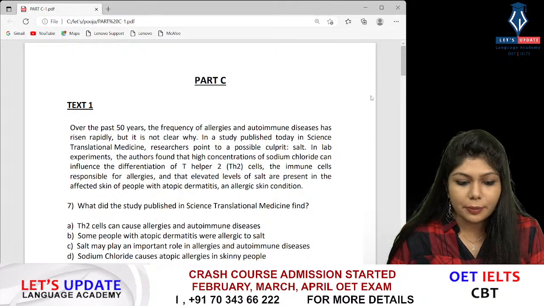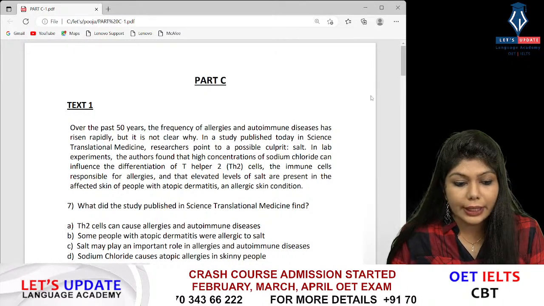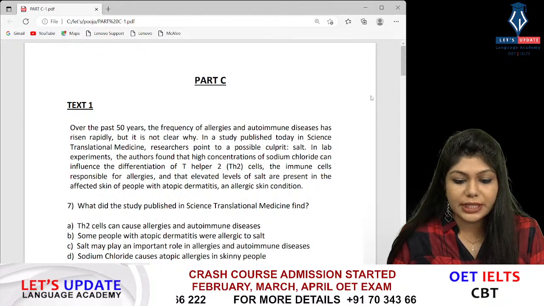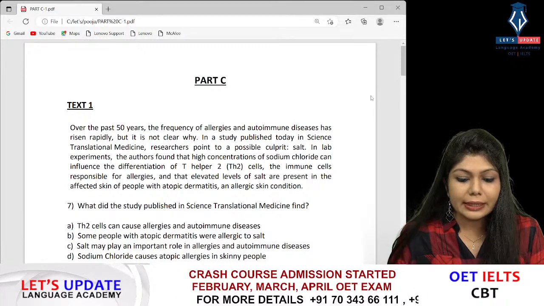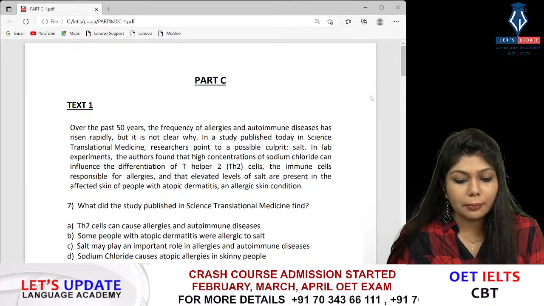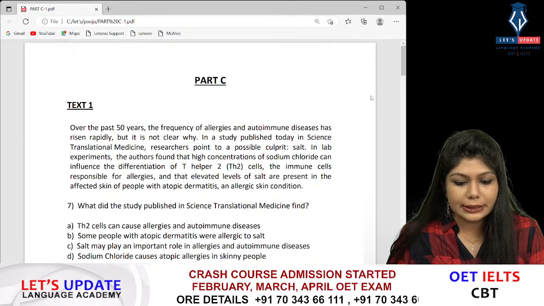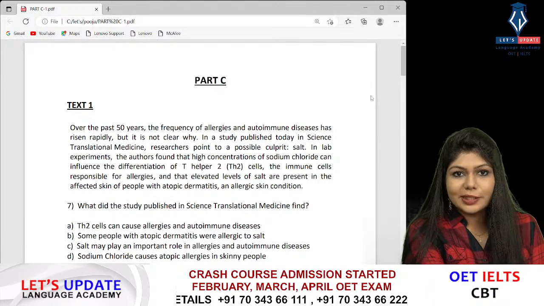In lab experiments, the authors found that high concentrations of sodium chloride can influence the differentiation of T helper 2 (Th2) cells, the immune cells responsible for allergies, and that elevated levels of salt are present in the affected skin of people with atopic dermatitis, an allergic skin condition. So that is the paragraph.